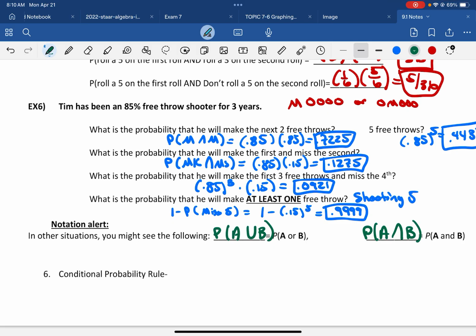All right, and then I have a formula that we need to learn for what's called conditional probability. Conditional probability. Okay.